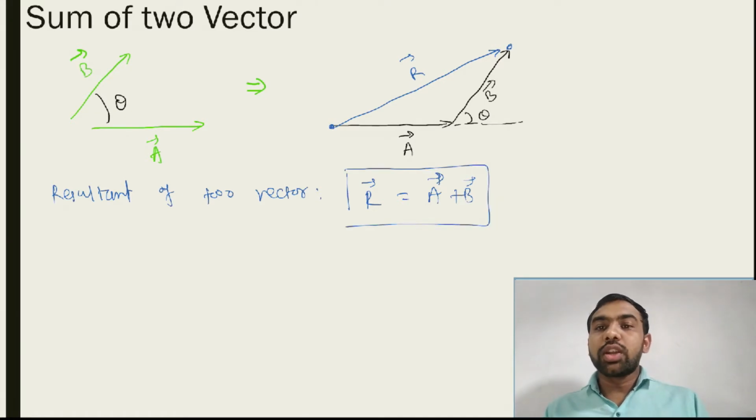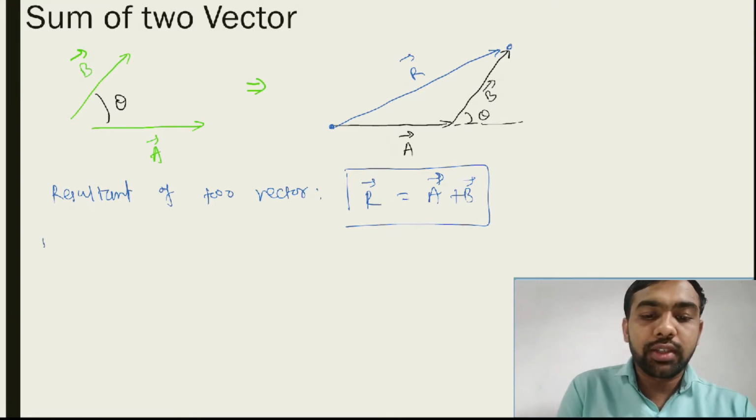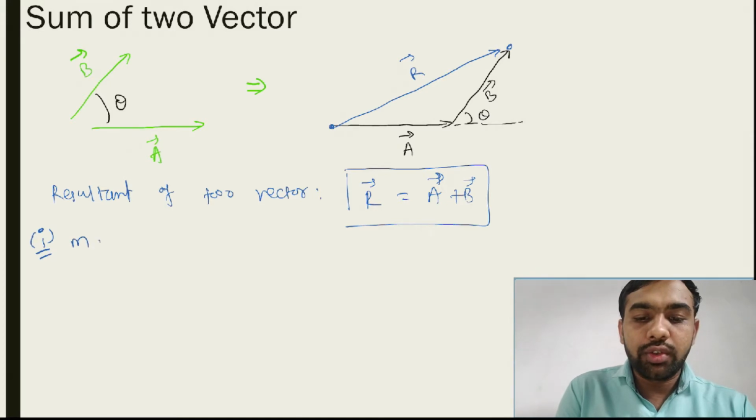But what is its magnitude? How do we find the magnitude? Let's see, first, the magnitude of the resultant.